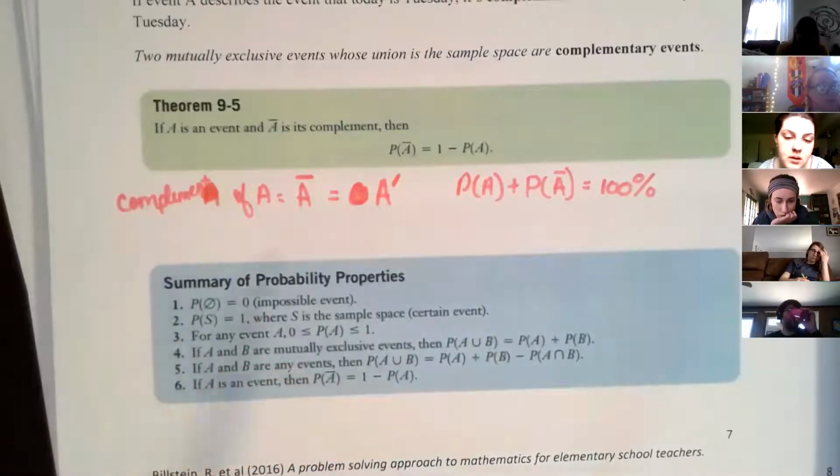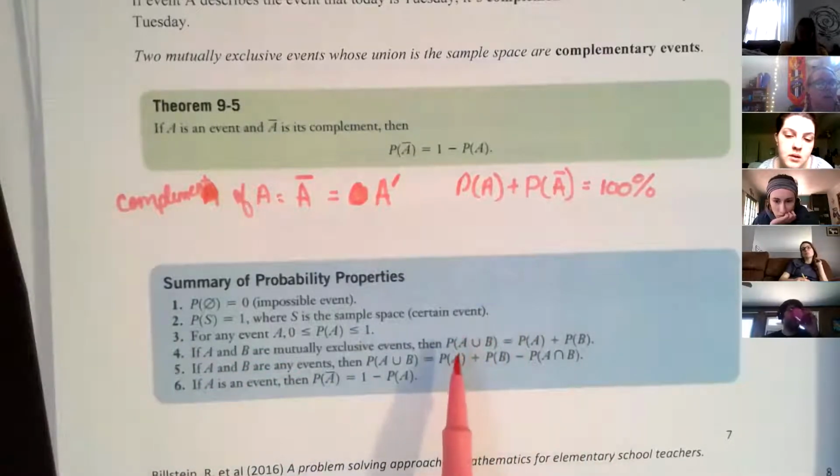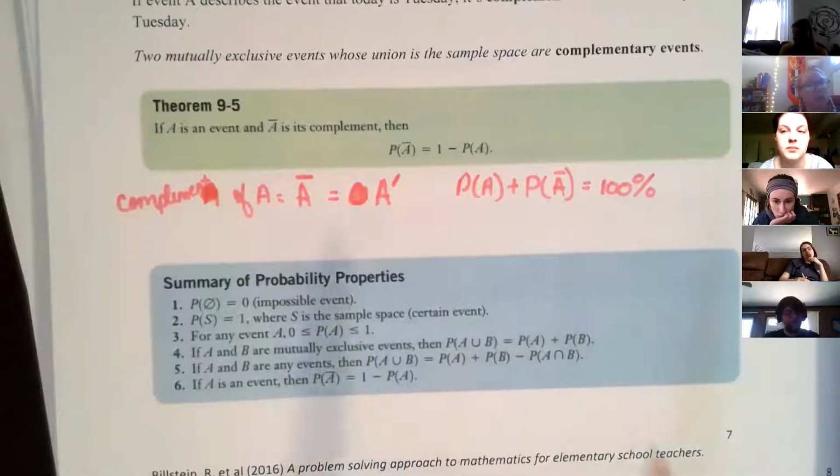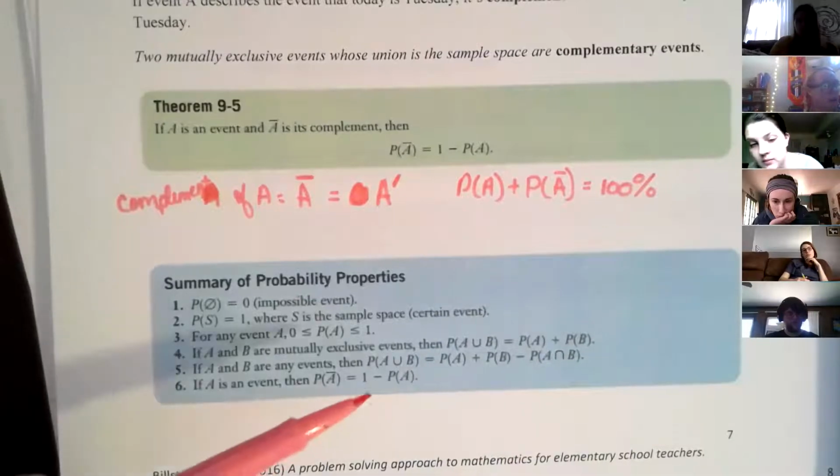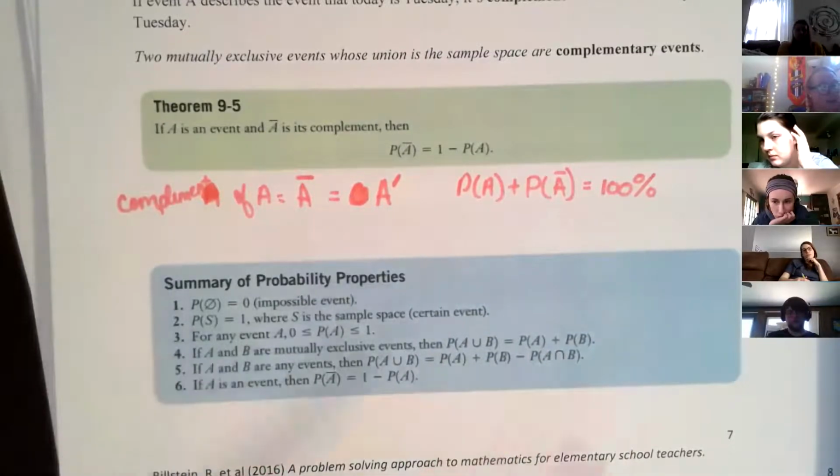If we have mutually exclusive events, I can calculate the probability of A happening or B happening just by adding up the probabilities of each of them. But if they are not, then I have to subtract out where they overlap. And then, of course, there's a complement formula.